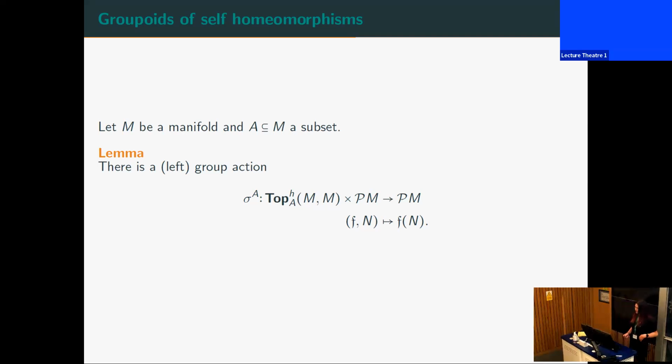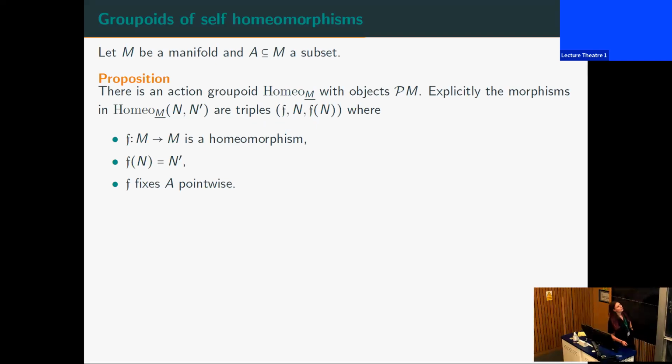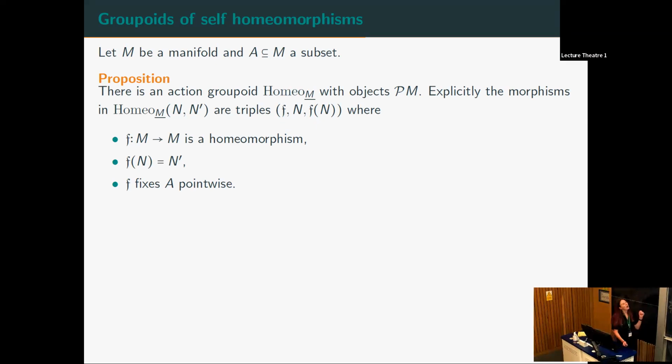Okay. So we always have an action of a homeomorphism on a subset, and this allows us to construct another category very similarly to how we did before, where the morphisms are now triples, consisting of a homeomorphism, a subset, and the image under this homeomorphism.